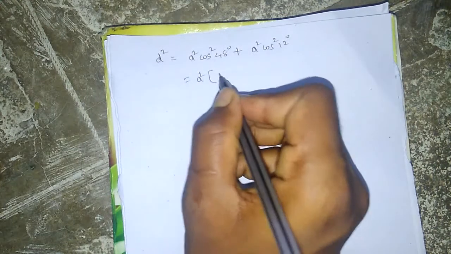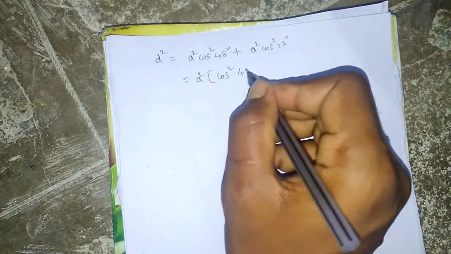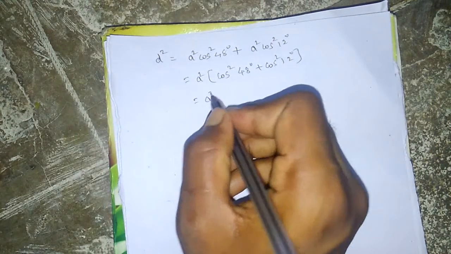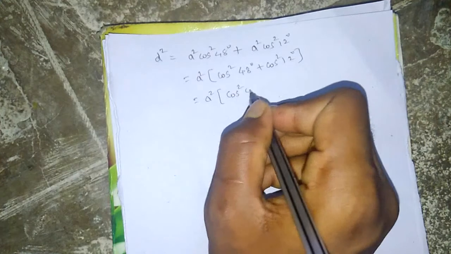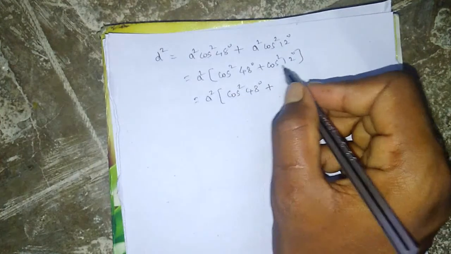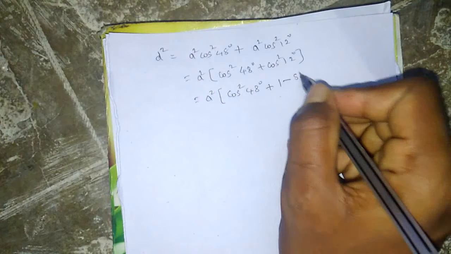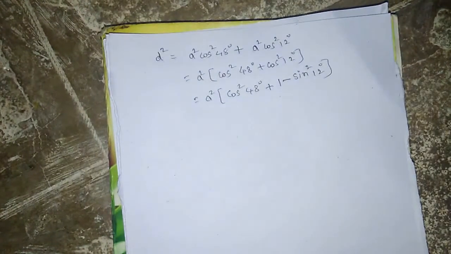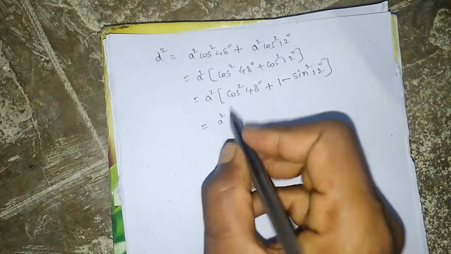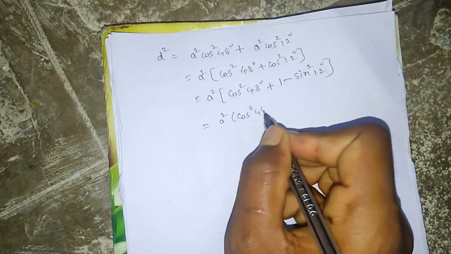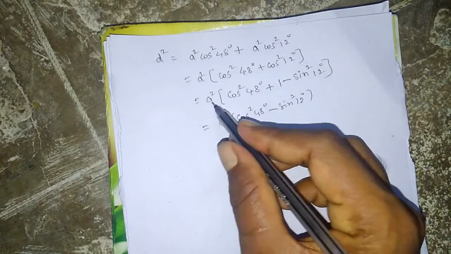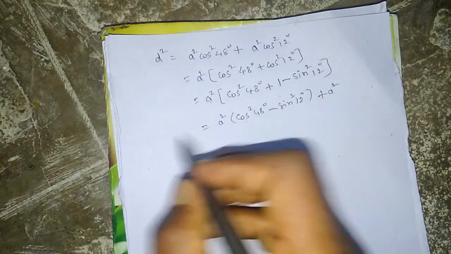Take a square common, cos square 48 degrees plus cos square 12 degrees, where cos square 12 degrees can be written as 1 minus sin square 12 degrees. That is a square into (cos square 48 degrees minus sin square 12 degrees) plus a square into 1 is a square, that is equal to d square.